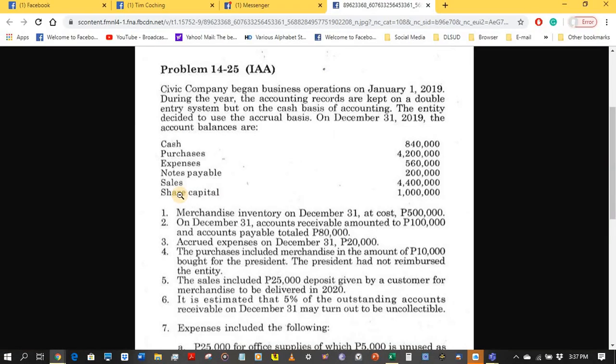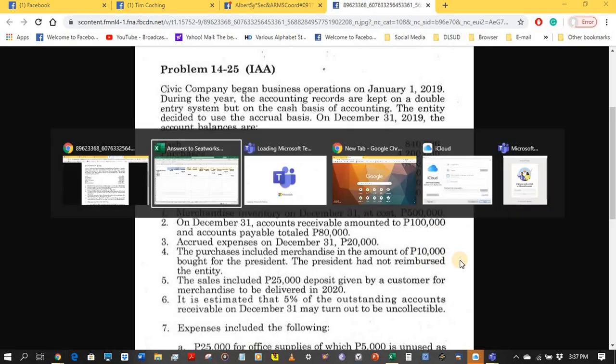So next, number 4. The purchases included merchandise in the amount of 10,000 pesos bought for the president. The president had not reimbursed the entity. So ang sabi niya, yung purchases daw natin, which is 4,200,000, meron dyan 10,000 na pinili for the president. So ano kayang entry na ginawa niya upon purchase?